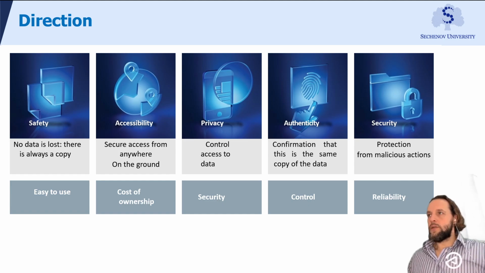There are several ways in which our actions should be organized and what needs to be done in relation to the information. We should organize all the measures required to provide safety, storage, and access to the data. We need to make this data accessible, so when it is needed, it is easily accessed. We should keep privacy of this information, so we should have exact lists of users who are able to get access to the private information.